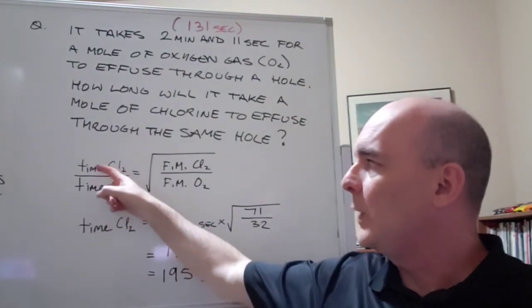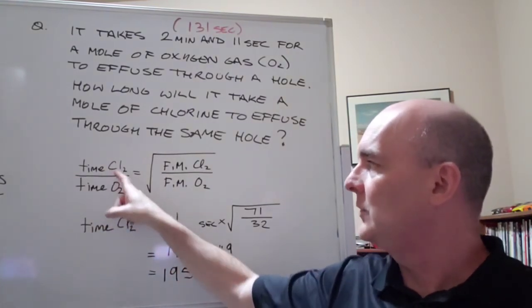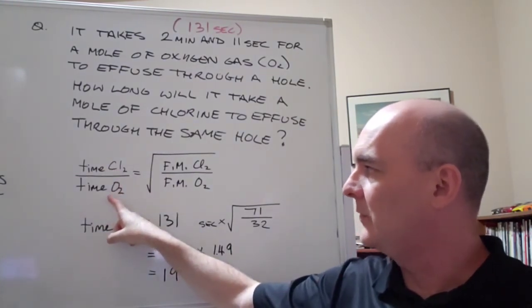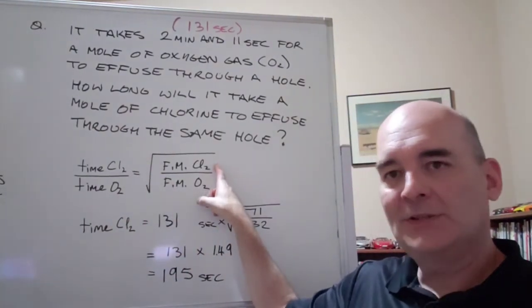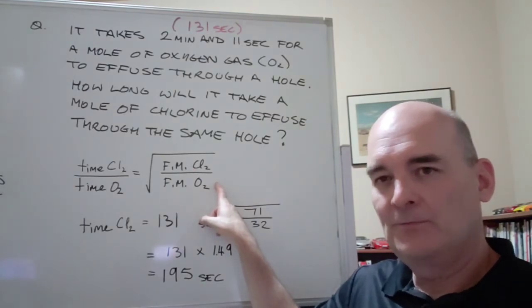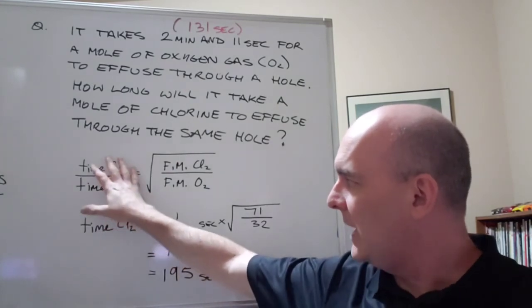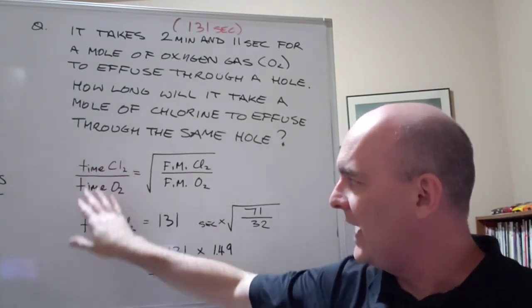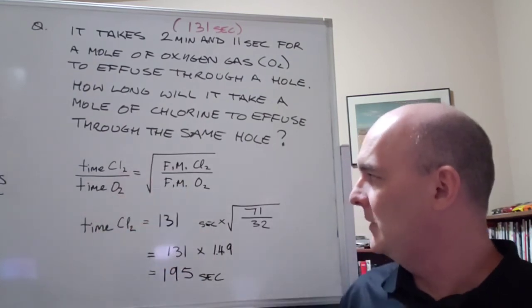Graham's law of effusion, when written as a time, reads that the time taken for chlorine divided by the time taken for oxygen would be equal to the root of the formula mass of chlorine divided by the formula mass of oxygen. So just a very small rewrite then to isolate the time for chlorine on the left, move the time for oxygen from being a denominator to being a numerator.